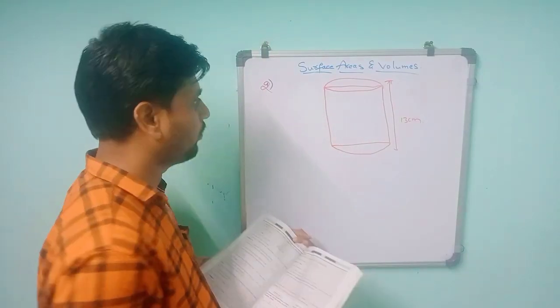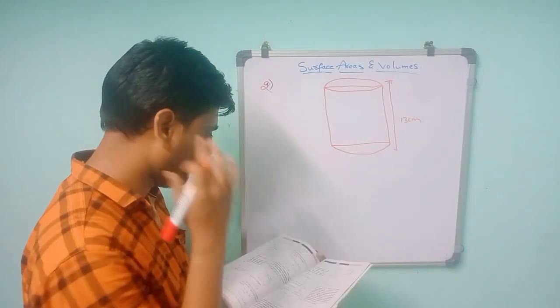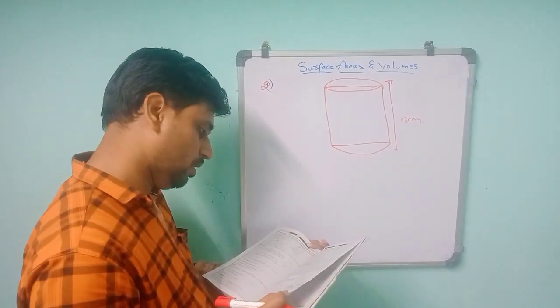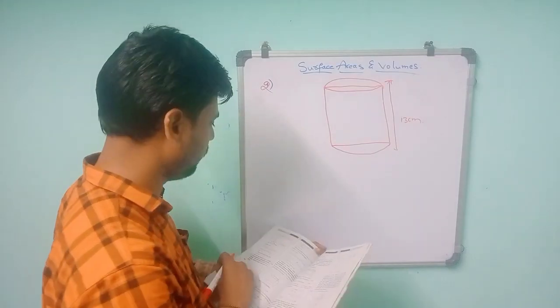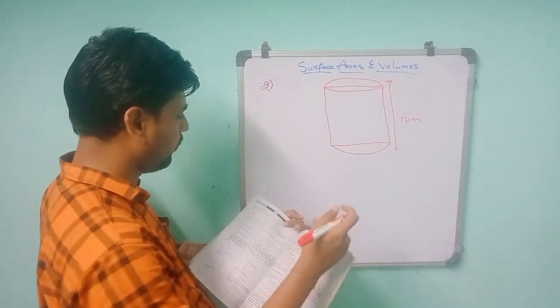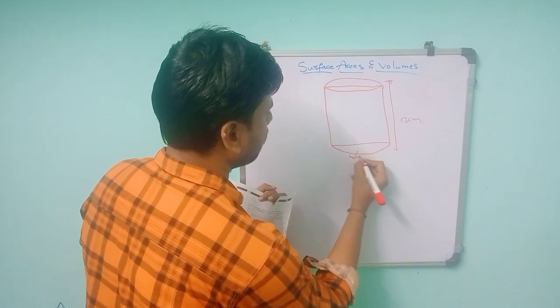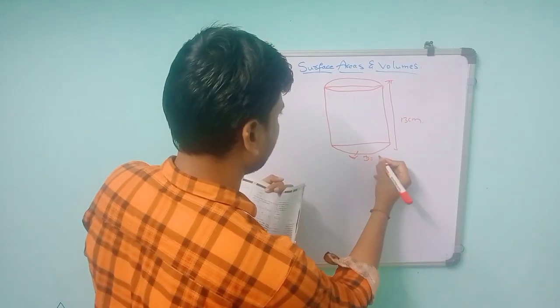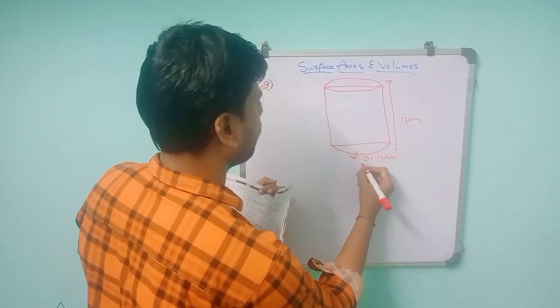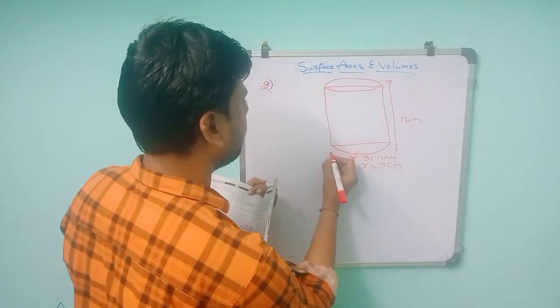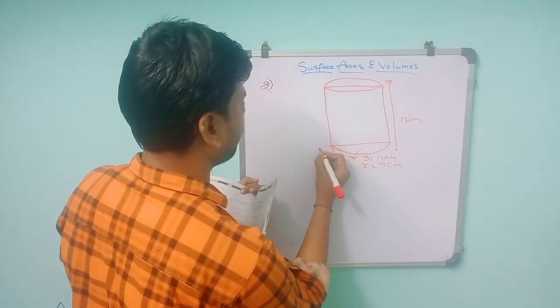Then the diameter of the hemisphere. This is the hemisphere. They gave the diameter of the hemisphere as 14 centimeters. So if you convert that into radius, r is equal to 7 centimeter.